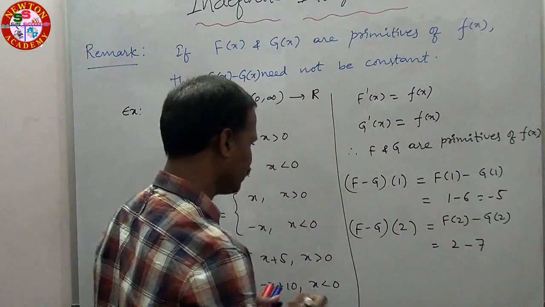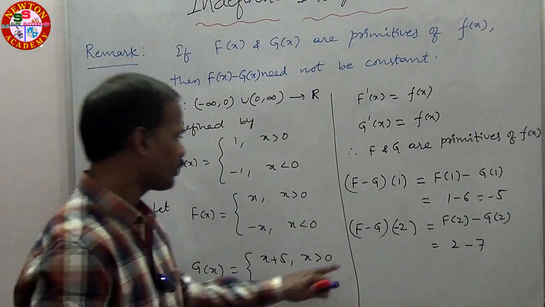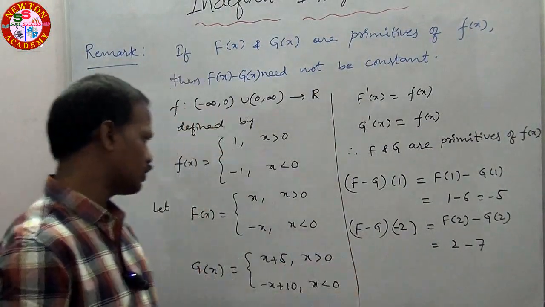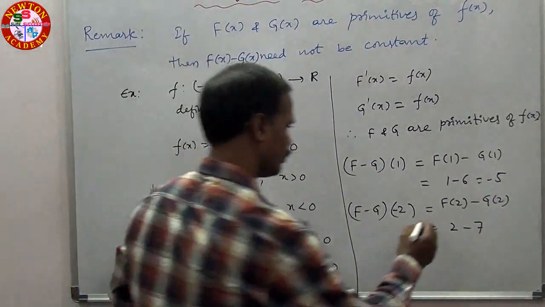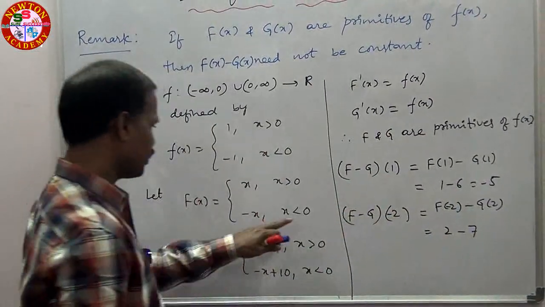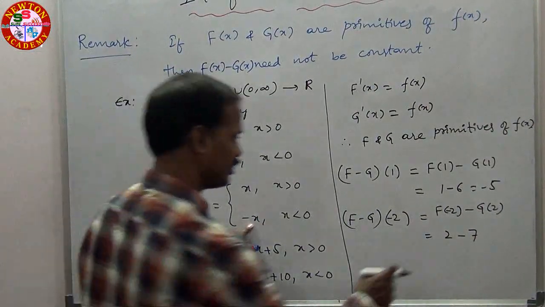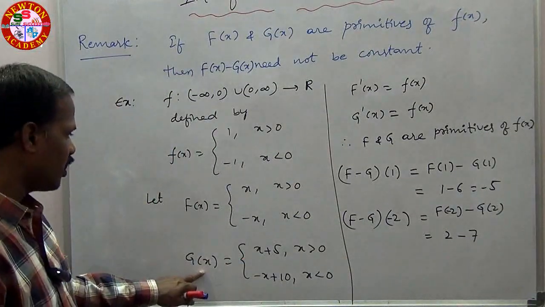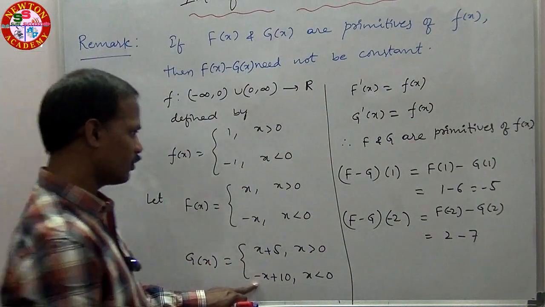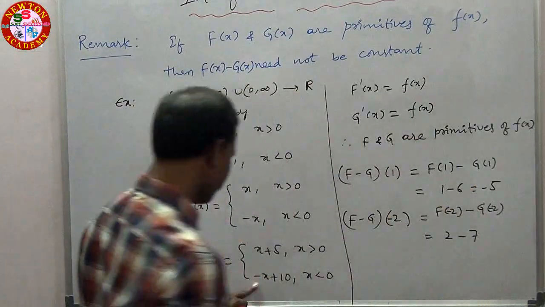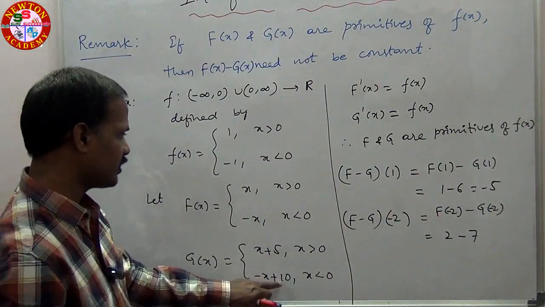Now let us consider minus 2. (F minus G) of minus 2. Minus 2 is x less than 0, so F of minus 2 is minus x, that is 2. And G of minus 2 is also in the x less than 0 case, so you have to consider that function: minus x plus 10, which is 2 plus 10, 12.